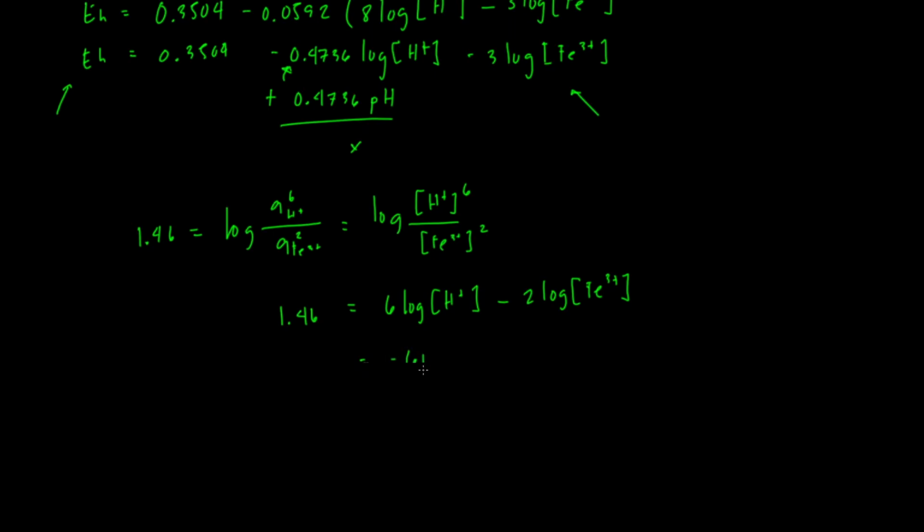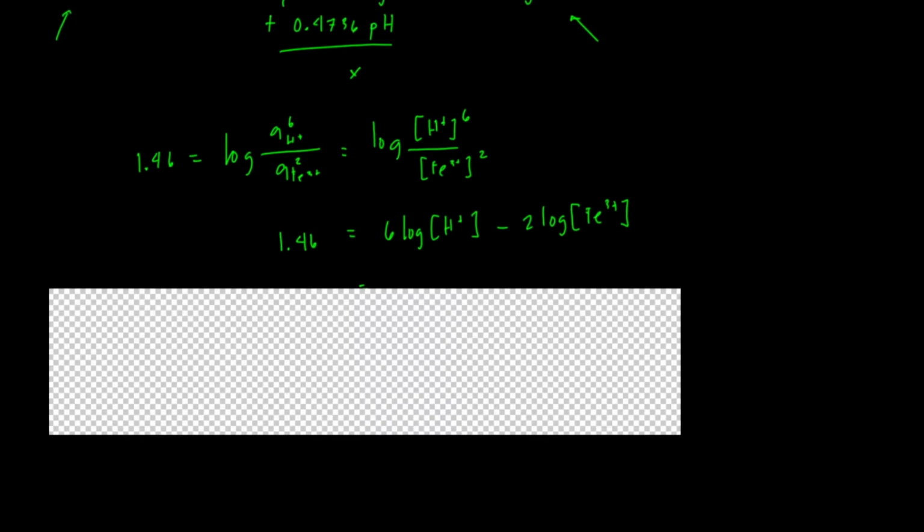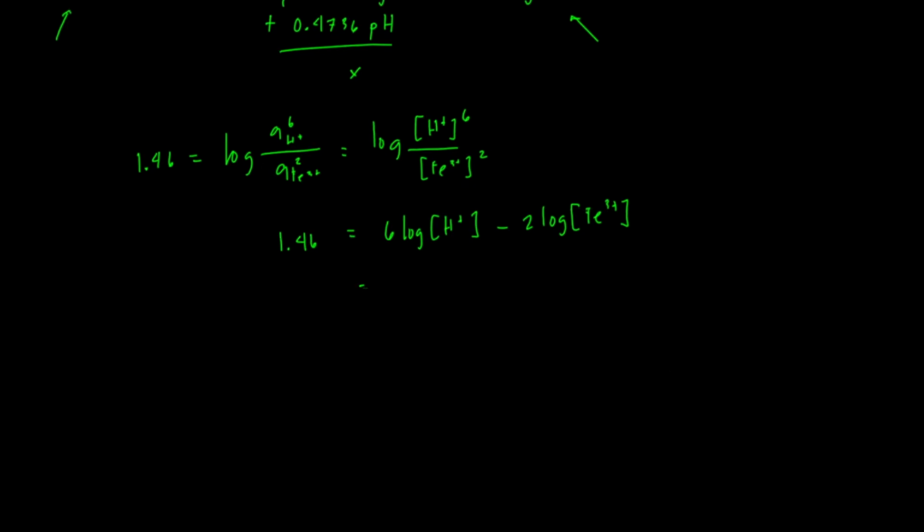Magiging negative 6 pH. Oh, extend natin. Okay. So, this becomes negative 6 pH minus 2 log Fe3 plus is equal to 1.46.